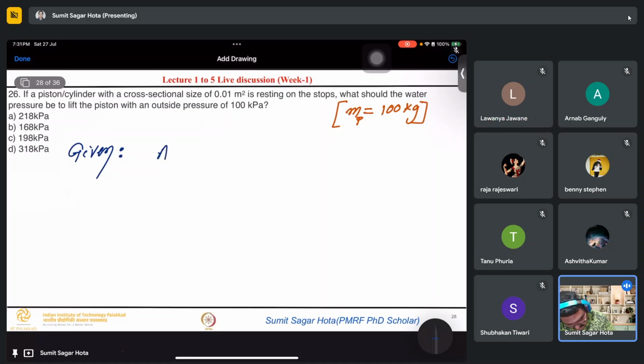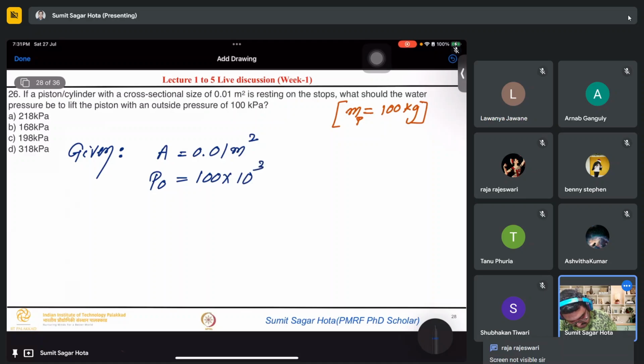Area given, 0.01 meter square, P naught 100 kilopascal, 100 into 10 to the power 3 is equal to 10 to the power 5 Pascal. And what we need is the water pressure to lift the piston, let it be Pw.